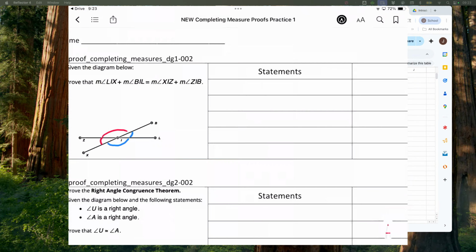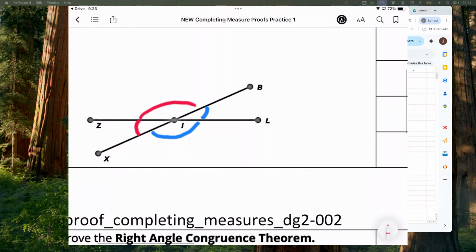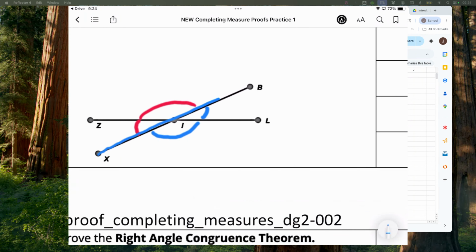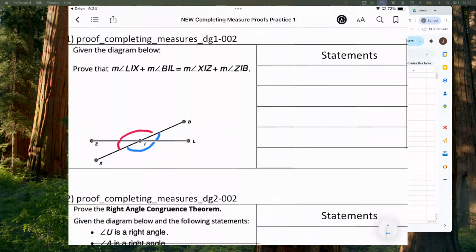To do so, we need to recognize that these two blue ones form a linear pair. They make this straight line right here. The red ones also form a linear pair. They make that same straight line.